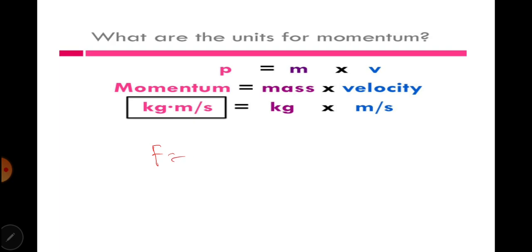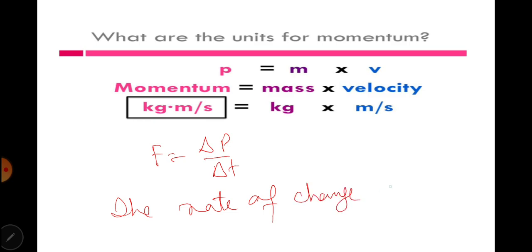F is equal to del p divided by del t. Force can be defined as the rate of change of momentum. The rate of change of momentum is called force.